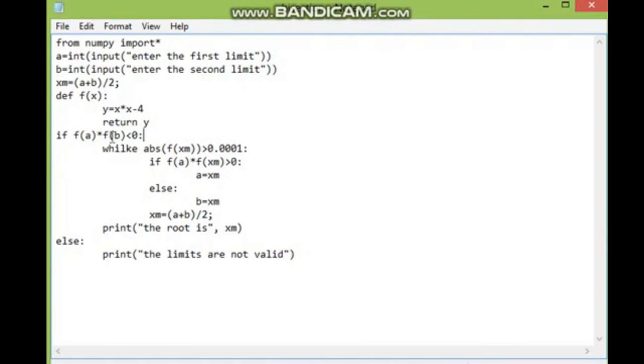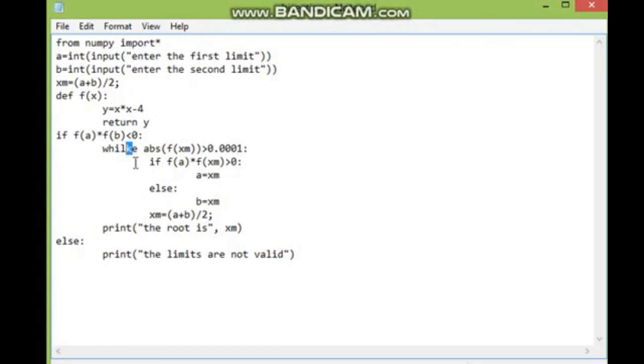If it is negative, then f of a and f of b have opposite signs, which satisfies your condition. Then only will we have f of x equal to 0 in between these two points. Then we'll go for the next step, which is the condition.